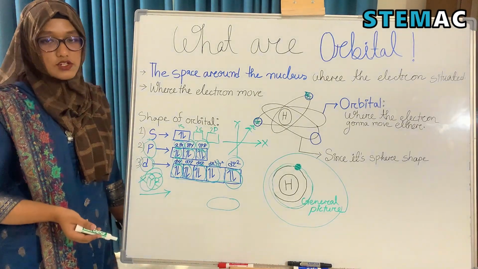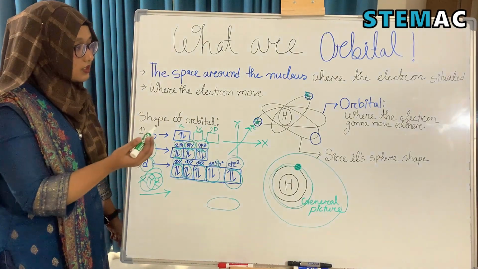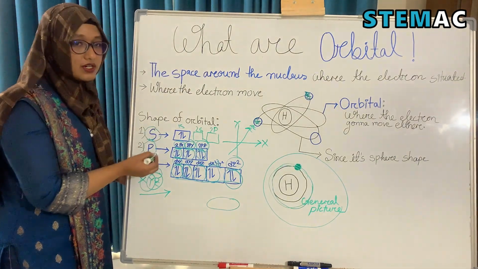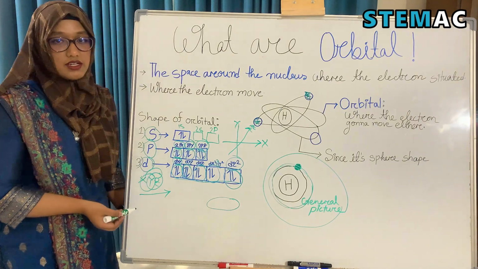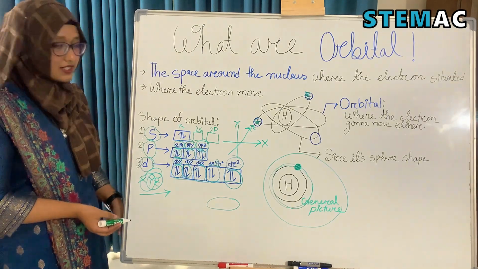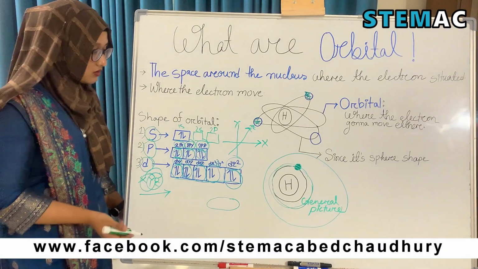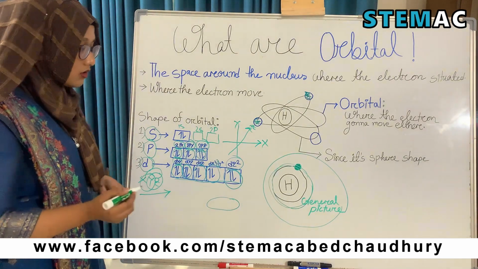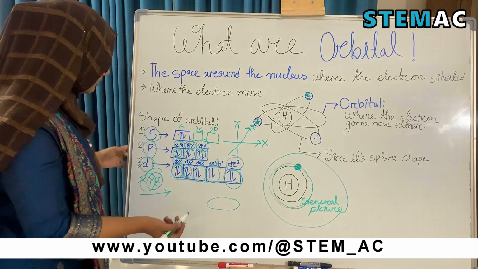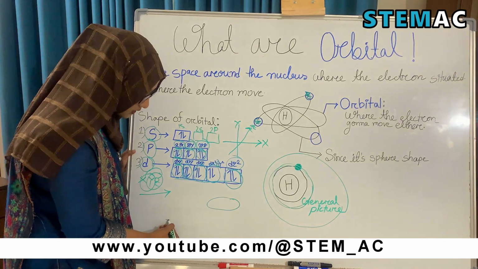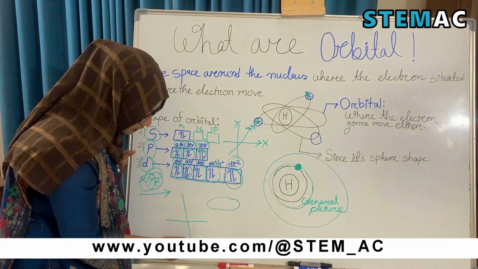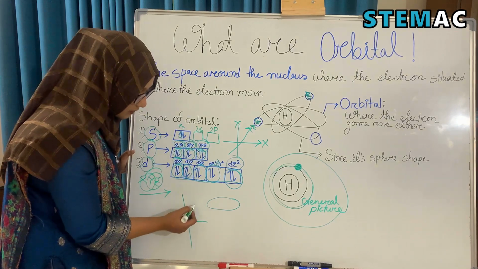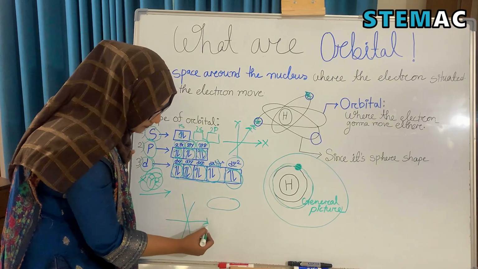Next we're going to talk about the s, p, and d shapes separately, starting with s. In the p shape, the electron shape changes this way. We have x and y, each consisting of two electrons.